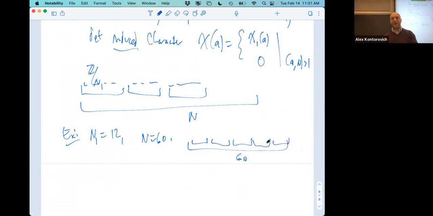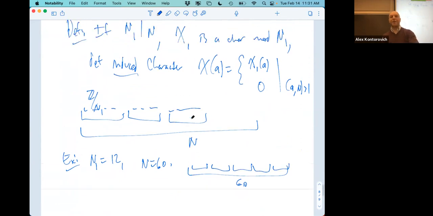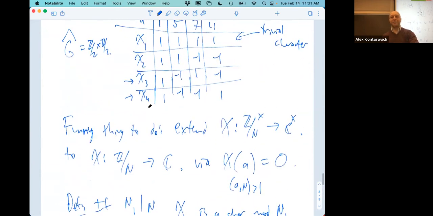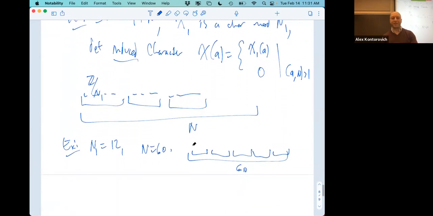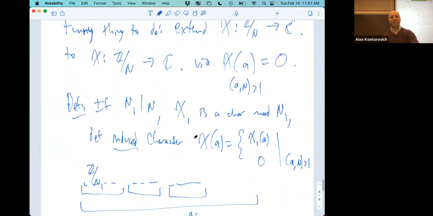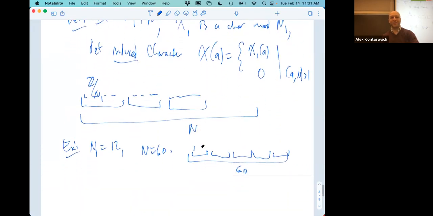On the first chunk mod 12, I'll put the values of the character. Let's take chi3. I'll put the values of this character: 1, a bunch of zeros, -1, 1.